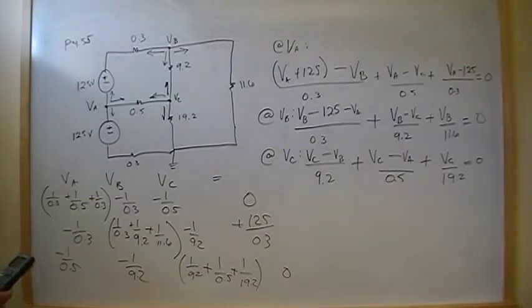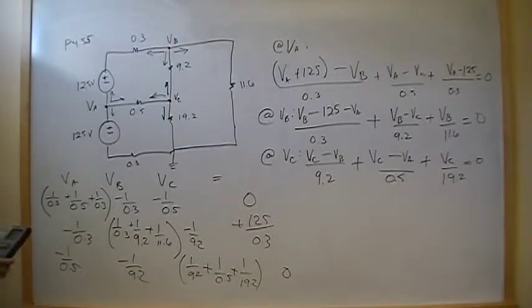Okay, so we have 3 equations and 3 unknowns. So 1 divided by 0.3 plus 1 divided by 0.5 plus 1 divided by 0.3, -1 divided by 0.3, -1 divided by 0.5, and 0.